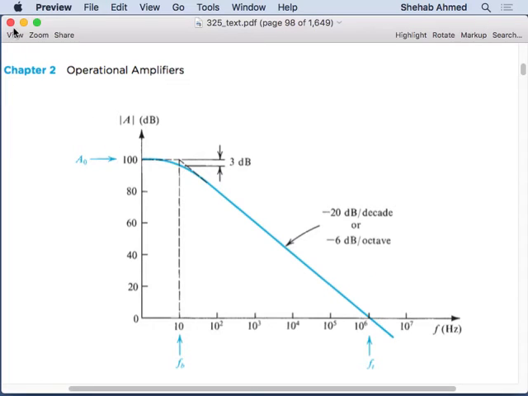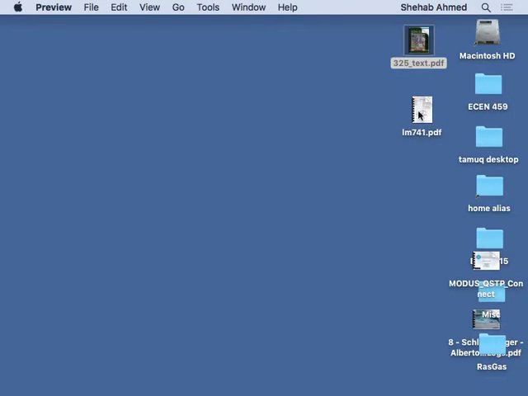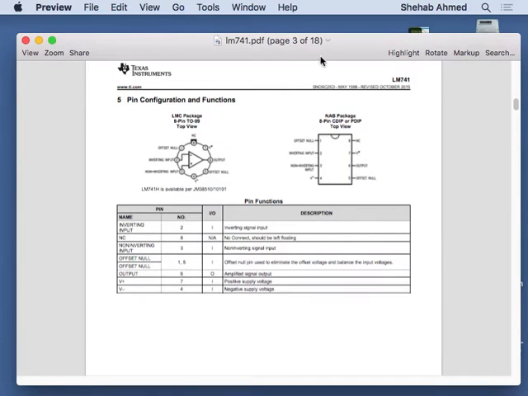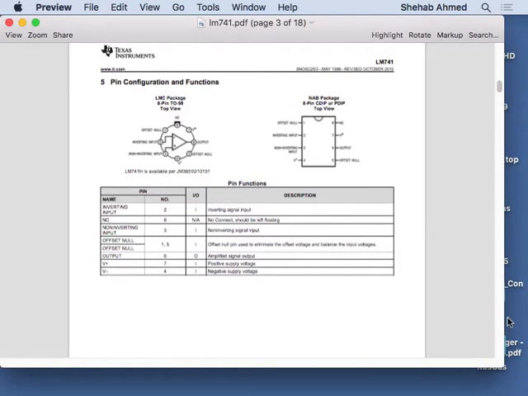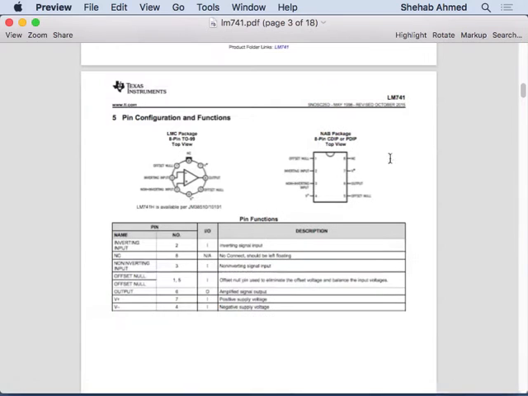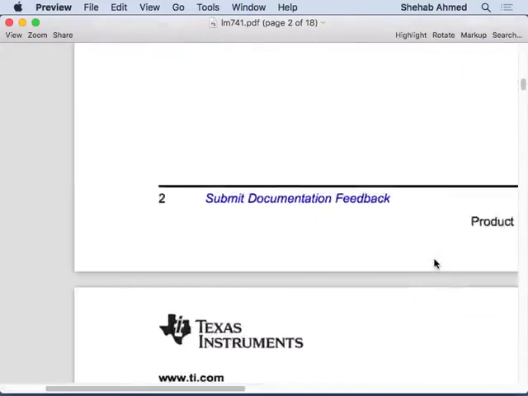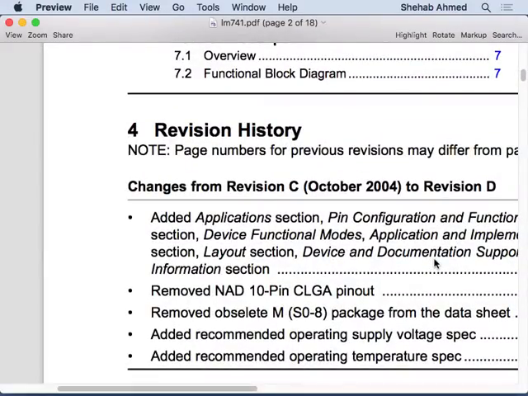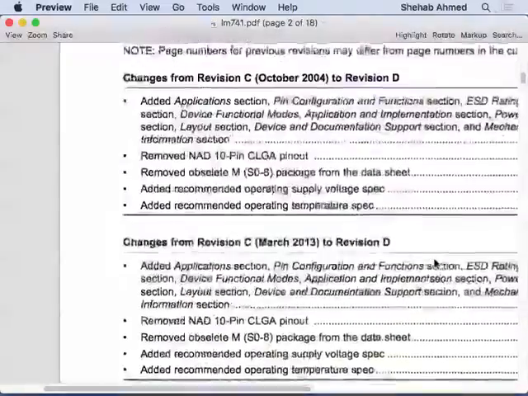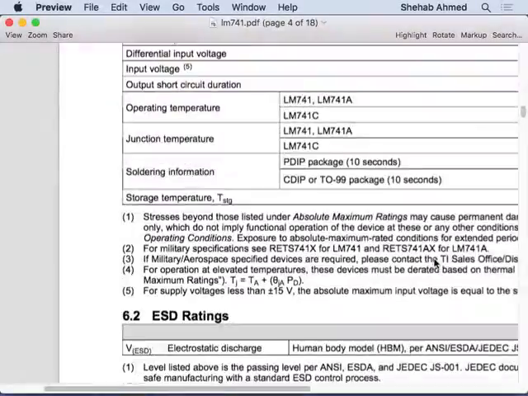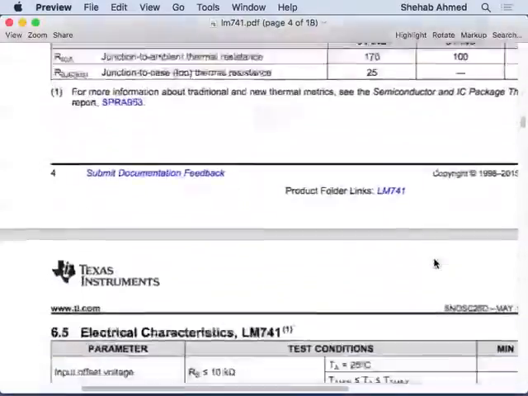I did not check our 741 datasheet. Don't take my word for it if it's not there, but it should be there. But let's see. Electrical characteristics.